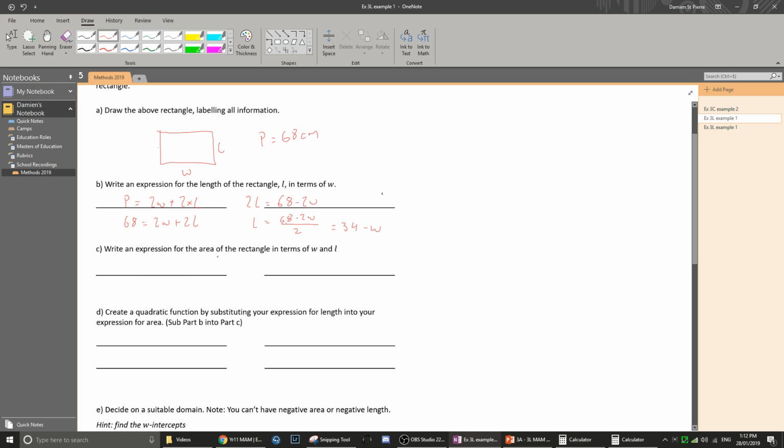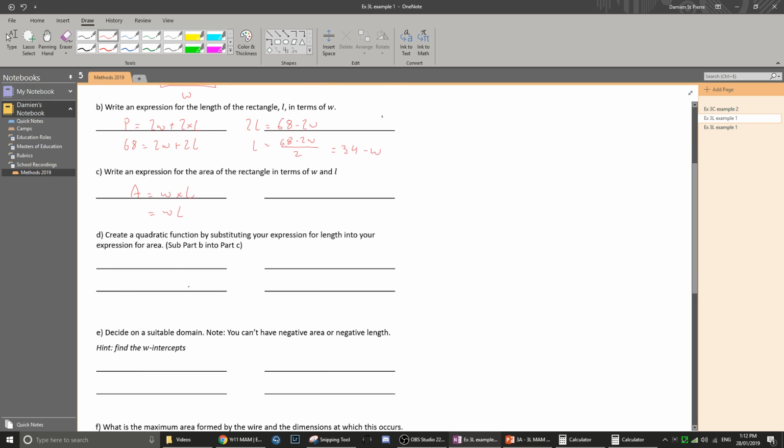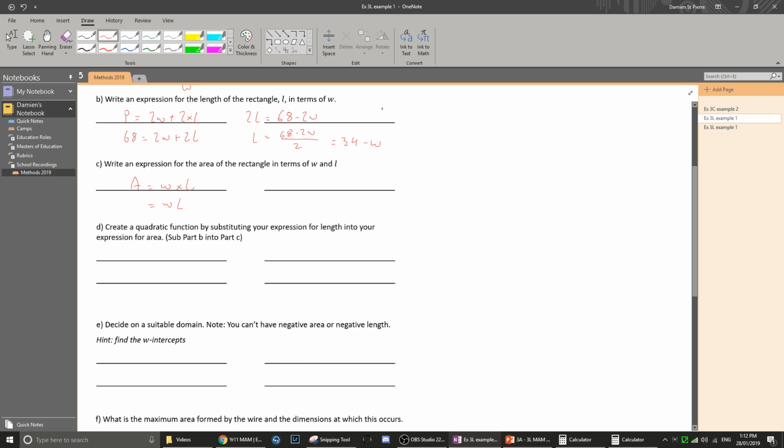Now write an expression for the area of the rectangle in terms of W and L. That's pretty easy, that's year 7 area: area equals width times length, which is WL. Now create a quadratic function. This is where it gets a bit harder. Create a quadratic function by substituting your expression for length into the expression for area.